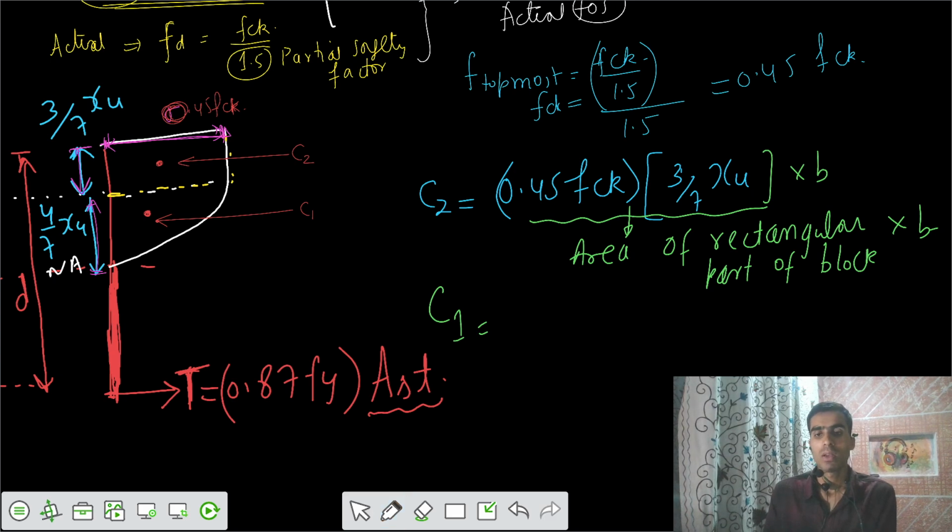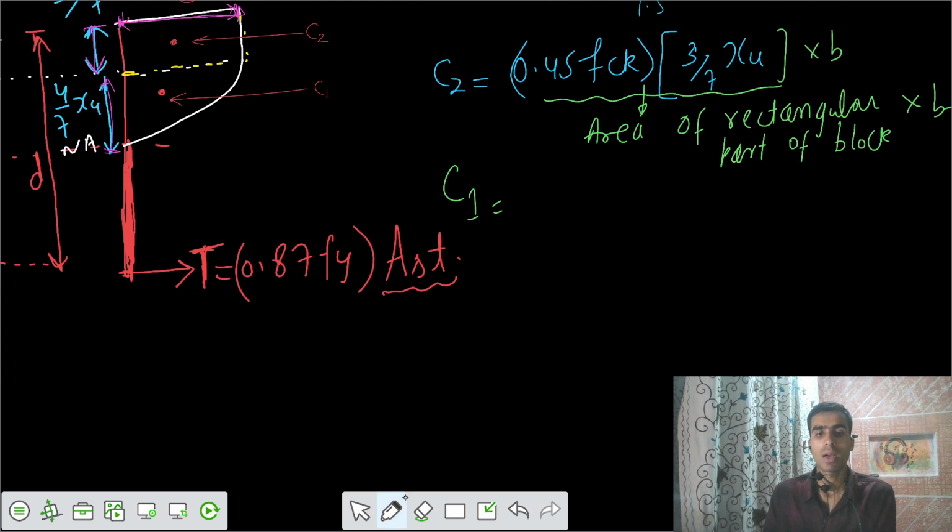Similarly you can get C1, and C1 would be the area of the parabola. Do you know the area of the parabolic part? That's 2/3 of B times H, where the height is 0.45 FCK and the B equals 4/7 XU, and we have to multiply by the width B. So finally we got C1 and C2.